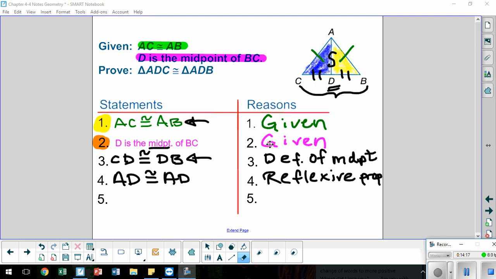Alright, we've got a side, a side, a side. Can we do this statement right here now? Sure can. Triangle ABC is congruent to triangle ADB. The reason? Side, side, side. So you take a look at that. Watch over there, and when you're ready, go to the next problem.